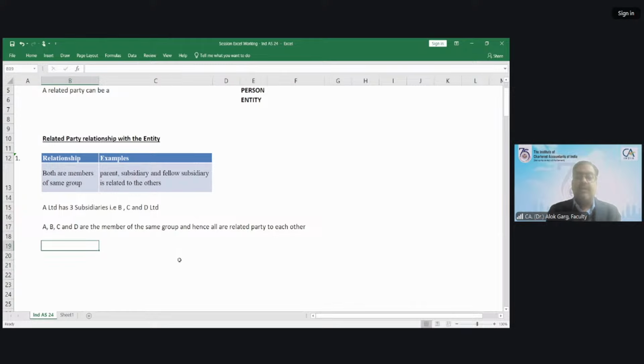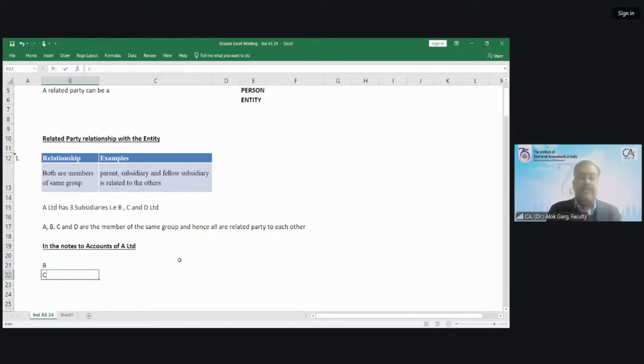So in the notes to accounts of A Limited, which related parties are going to be disclosed?